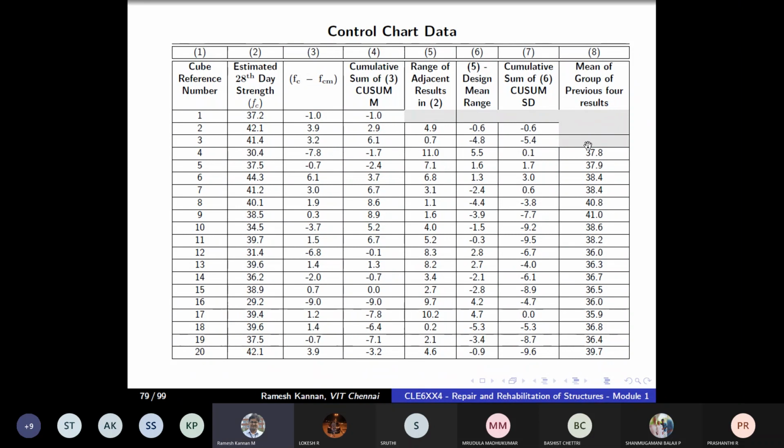So in this case, for 4 cubes, the average will be put here, this cube 1 plus this 2 plus 3 plus 4 divided by 4, which is 37.2 plus 42.1 plus 41.4 plus 30.4, that sums to 151.1, and divided by 4 is 37.775. I rounded off to one decimal place, 37.8, and so on. So it's a moving average.